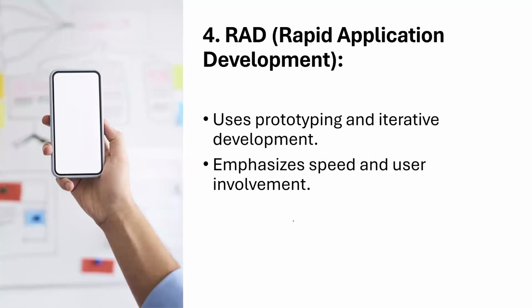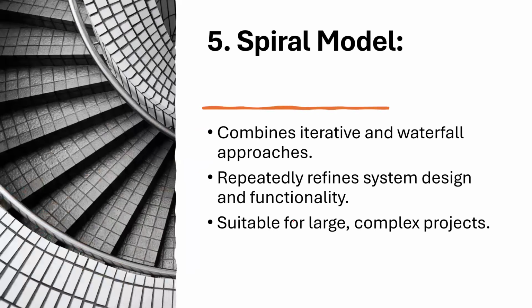Then you have the RAD, which is the rapid application development. And this uses prototyping and iterative development as well, okay? And it emphasizes speed and user involvement. Then the fifth model is the spiral model.